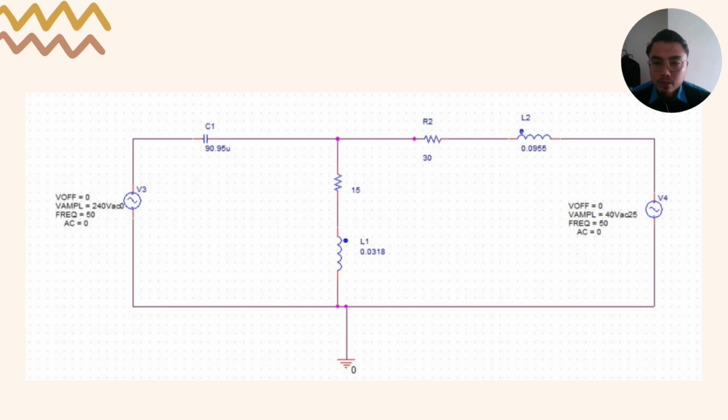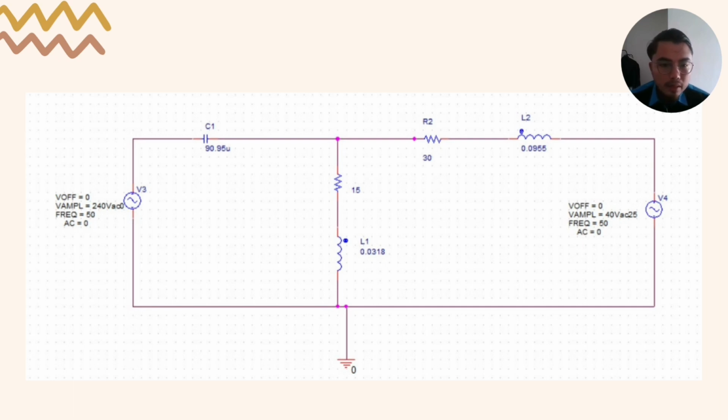For the manual calculation, use the formula XC equals 1 over 2 pi f C. Put in the frequency of 50 and XC of 35. Calculating with a calculator, we get the same value as the circuit software.